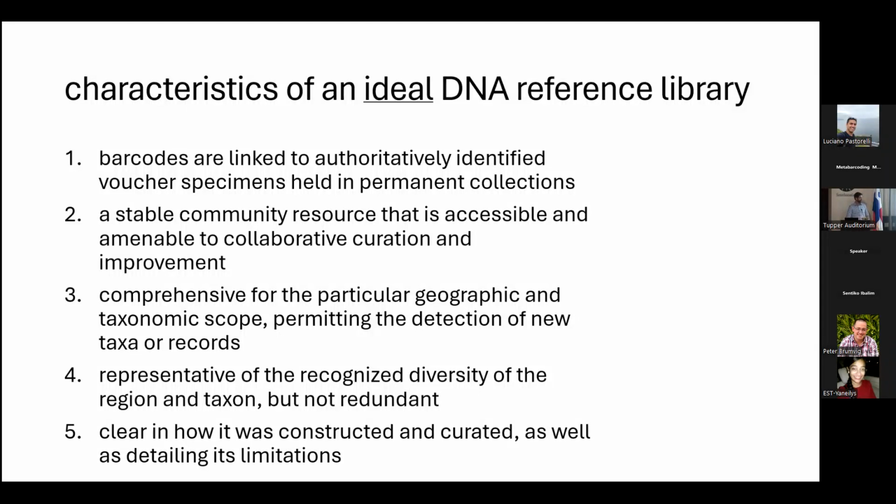It should be representative of the recognized diversity of the region, geographically, genetically, but perhaps not redundant. Having 500 representatives of the same haplotype would be redundant and not necessary in an ideal reference library. And it should be clear in how it was constructed and curated, as well as detailing its limitations.